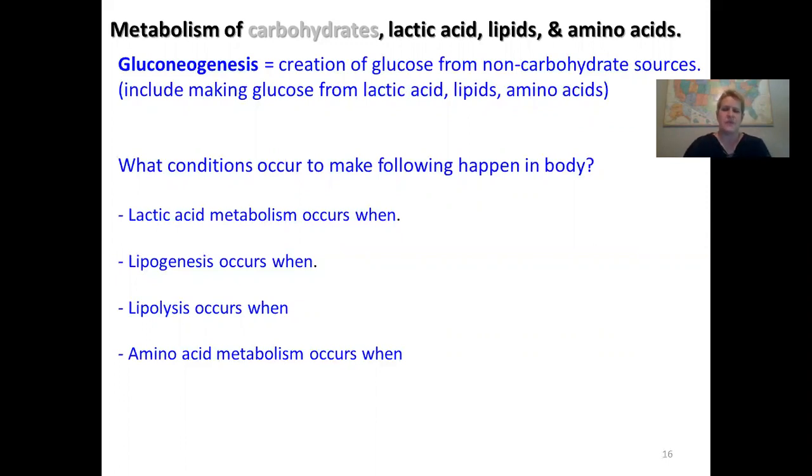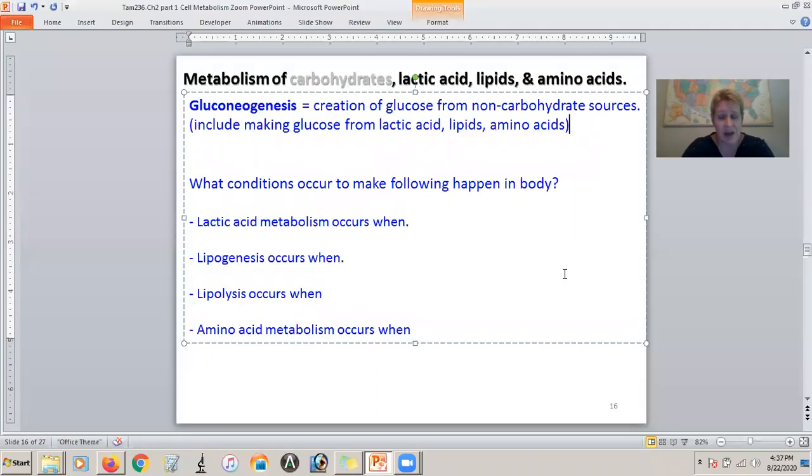So what conditions have to occur for the body to metabolize lactic acid, to make lipids, lipogenesis, to break down lipids, lipolysis, or to metabolize amino acids? Well, lots of different things. Some could be normal and some could be problematic or pathological.